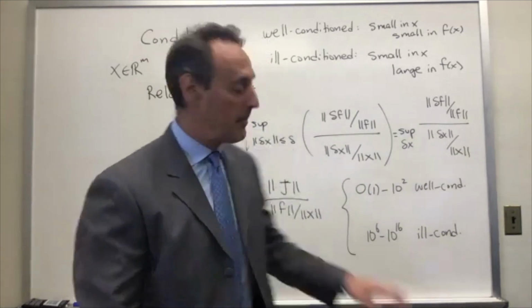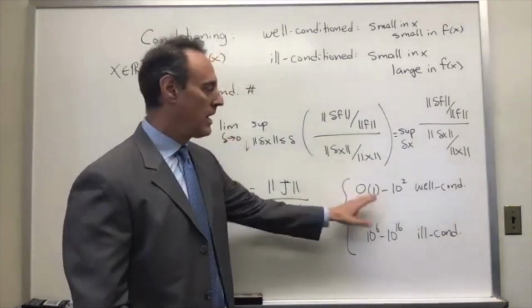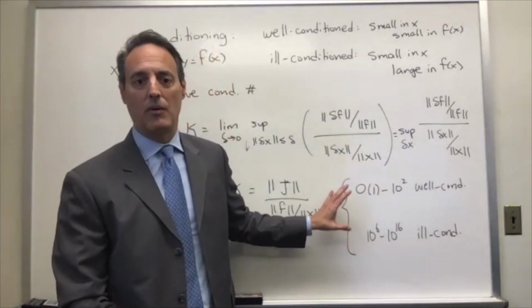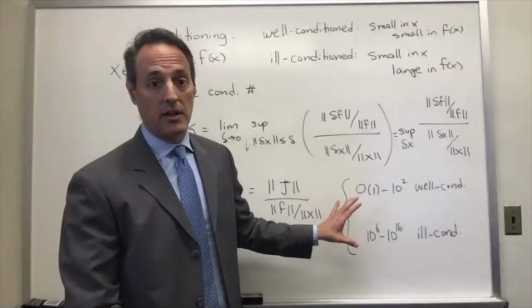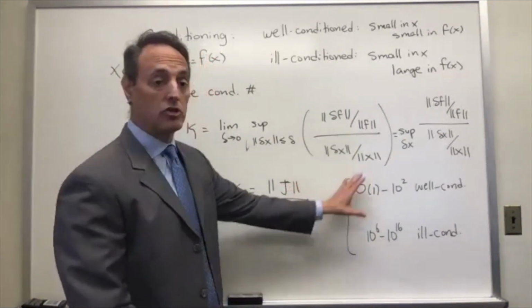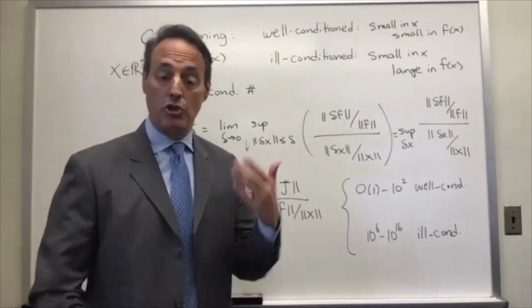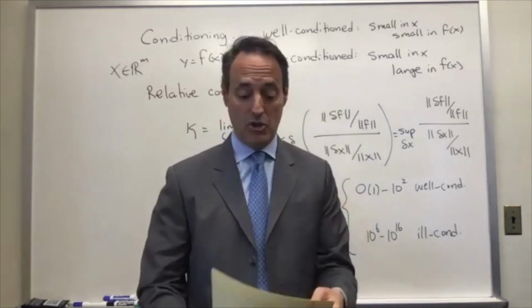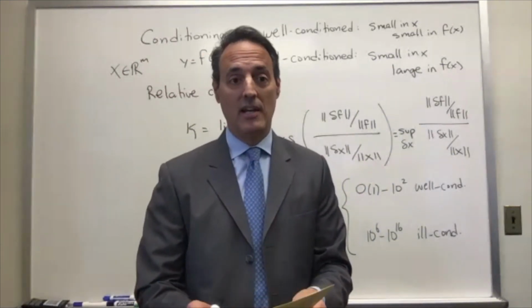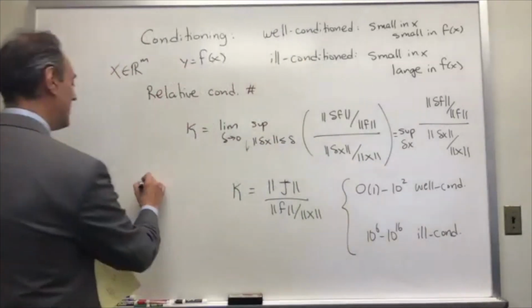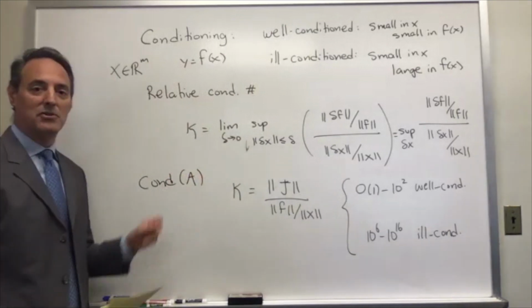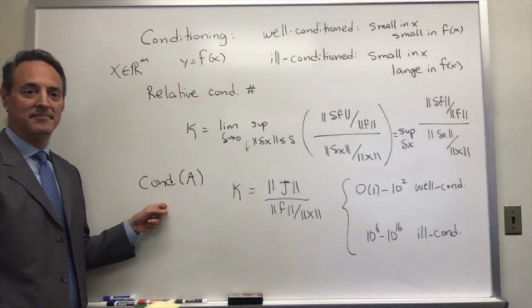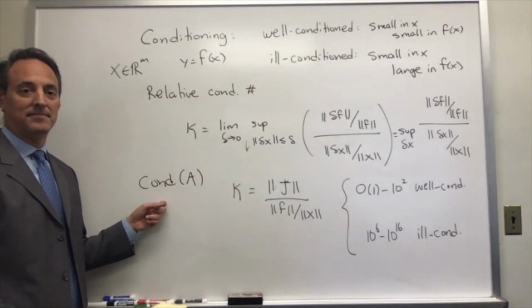Okay? And by the way, I'm going to talk about what it means. What is the physical interpretation of being well-conditioned or ill-conditioned? We're going to get to that towards the end of the lecture, but this is sort of just rough ballpark. So you could take a matrix A, and I'm going to talk about matrices in a minute, and just do the following command, cond A. That computes the condition number of a matrix.